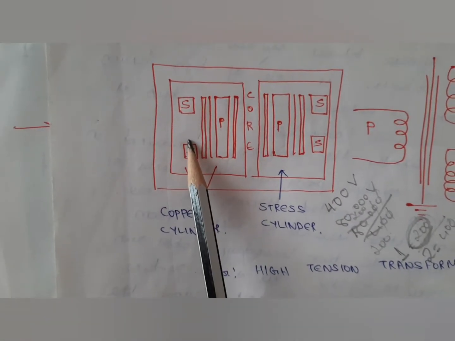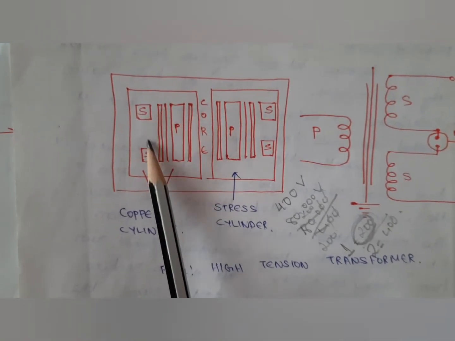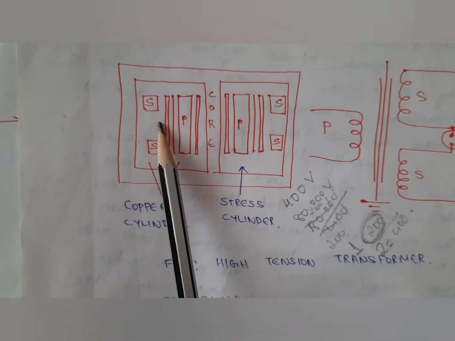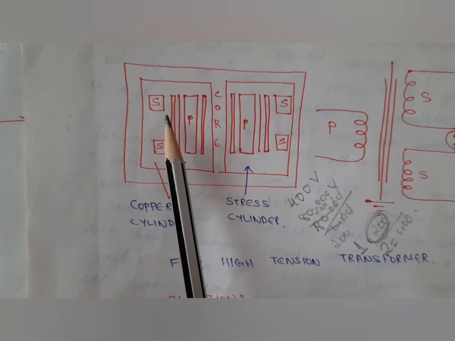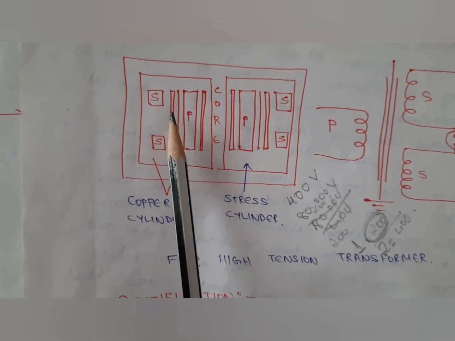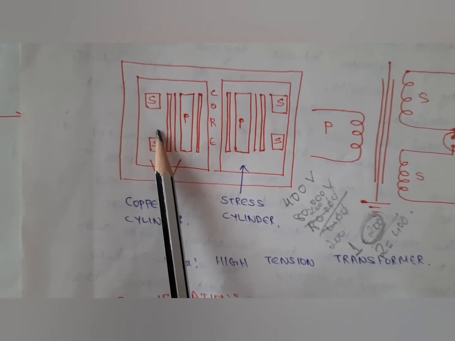Now in the secondary coil, you will find two coils. There are two secondary coils. Each secondary coil will contain a large number of turns, made up of thin copper wire.